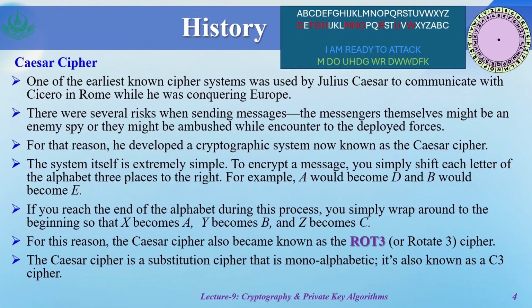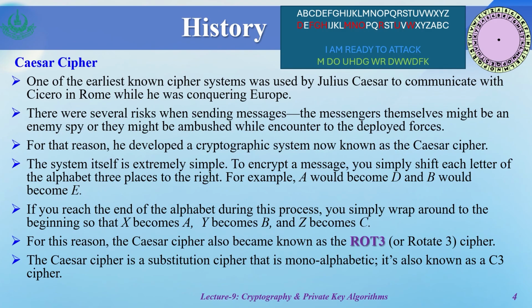Let us look into the history of cryptography. One of the earliest known cipher systems was used by Julius Caesar to communicate with Cairo and Rome while he was conquering Europe, called the Caesar cipher.